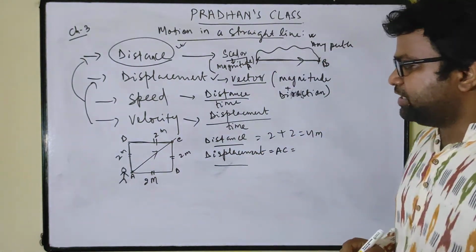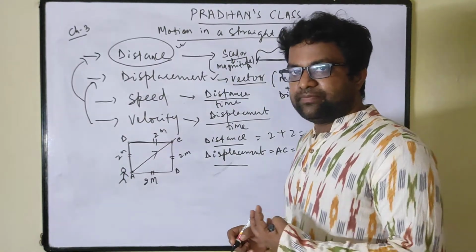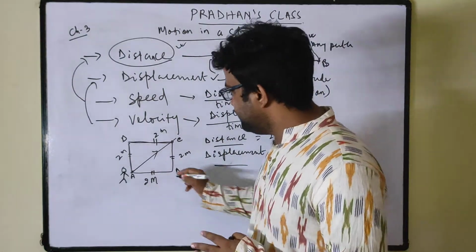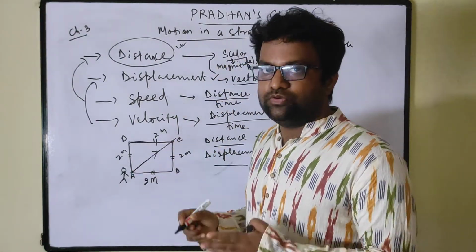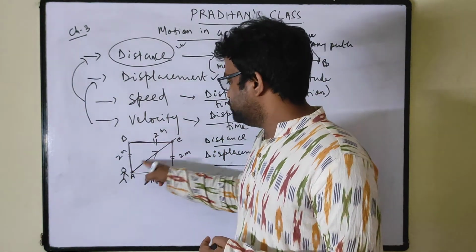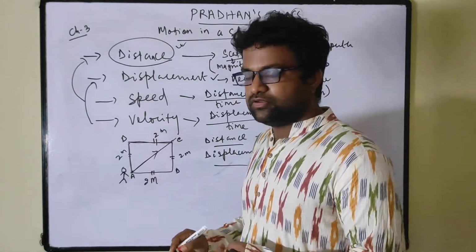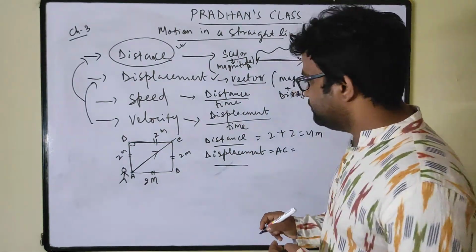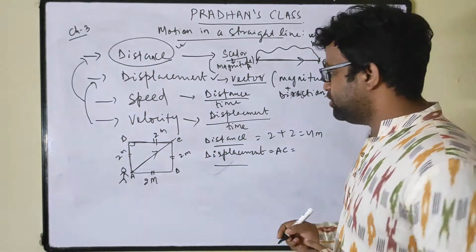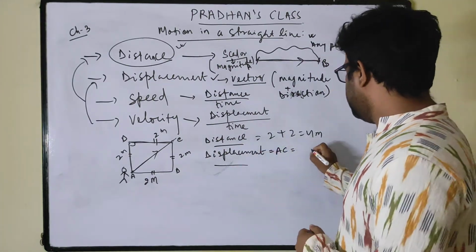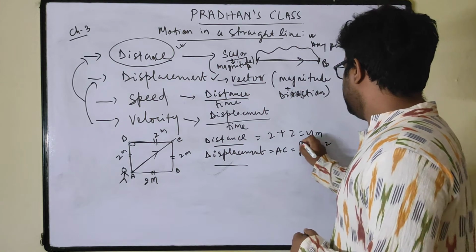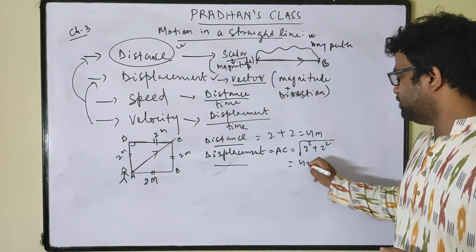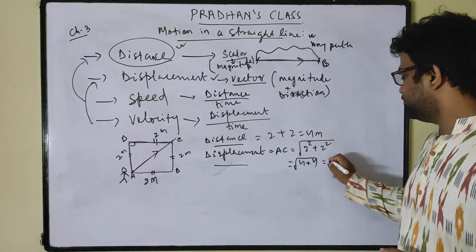So what will be the value of AC? You can say the value of AC will be the diagonal. You know the formula, right? What will be the diagonal? You can use the Pythagoras theorem, because this is a right angle triangle. Or if you remember it directly, you can write down the length of AC. Basically it's a right angle triangle, so I will use the square root of 2 square plus 2 square, that will be the square root of 4 plus 4, so root 8.